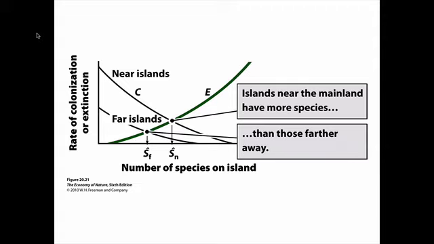The extinction rate is identical because they are the same size. They offer roughly the same opportunities. They support populations of the same size. So the extinction rate is identical, but you get more species arriving on the near island than on the far island. So the equilibrium number of species near is higher than the equilibrium number far.